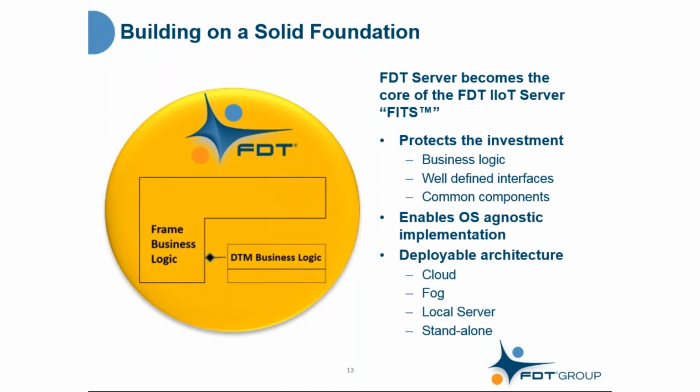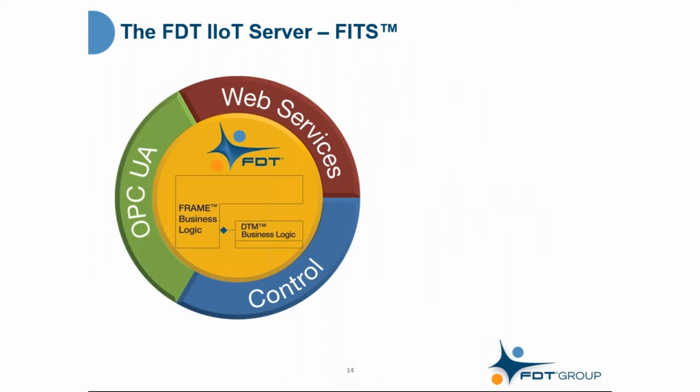From an architecture perspective, this is designed to be highly scalable, so it can be deployed in the cloud to support an entire enterprise, or it can scale all the way down to a standalone desktop type solution. Then we take that core server and we wrap some things around it. On the upper right, you see web services. We have a control portion, and of course the topic today, OPC UA. The web services supports browsers, apps, and any standalone application that cares to access the FDT information.